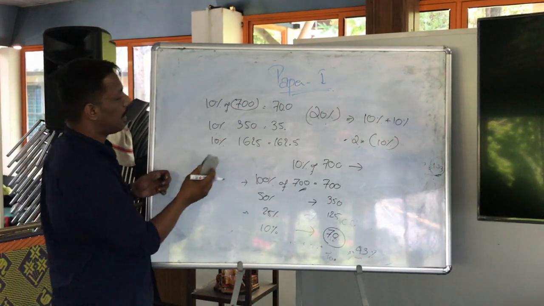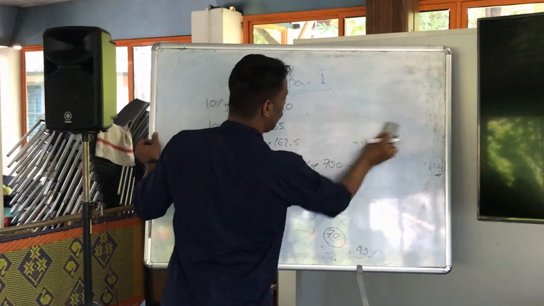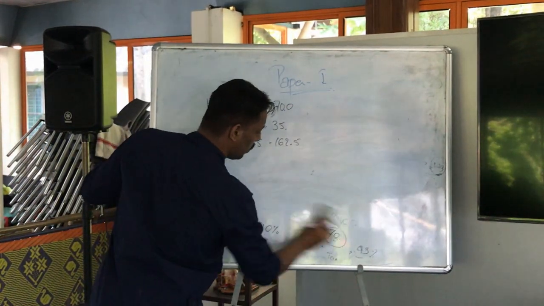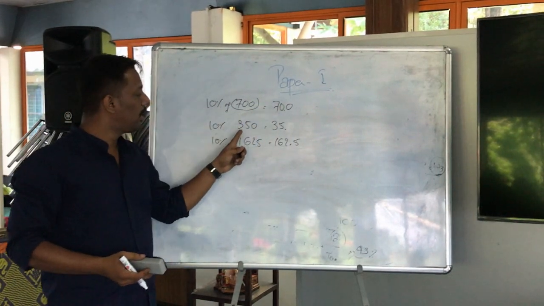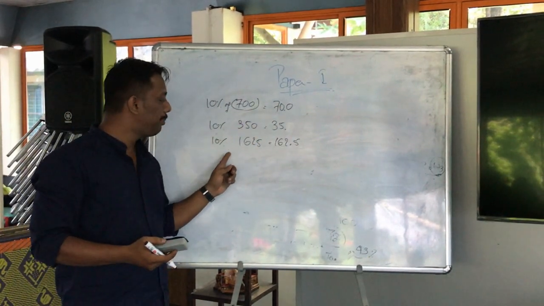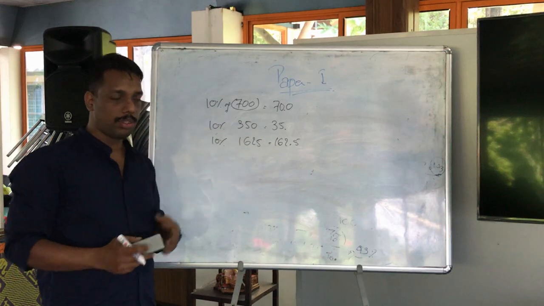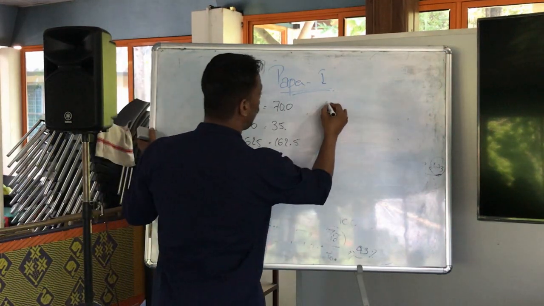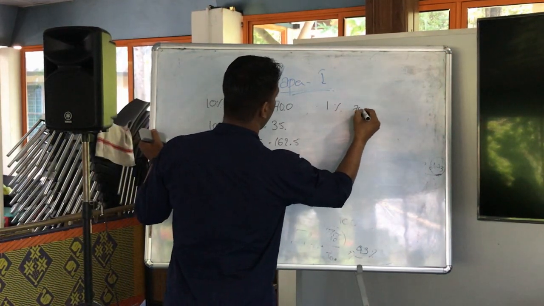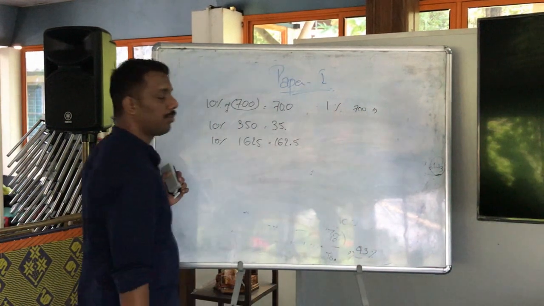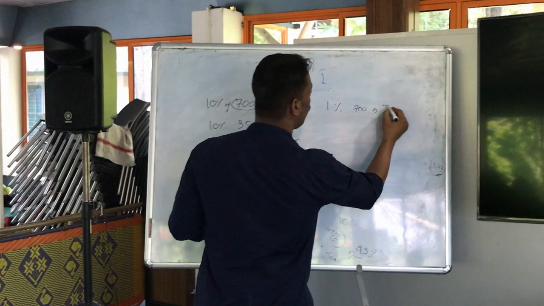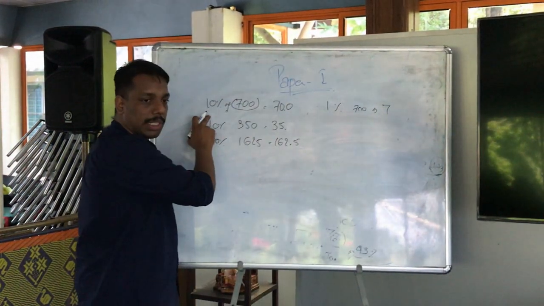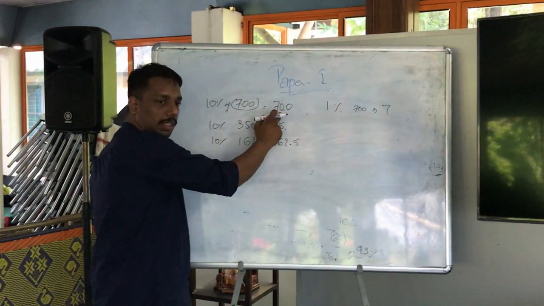Then what is 1% of 700? You know 10% of 700, 10% of 350, 10% of 1625. Then what is 1% of 700? 7. How? 10% is 70.